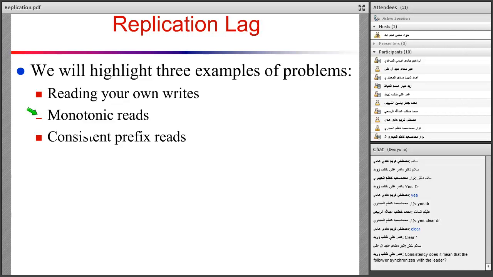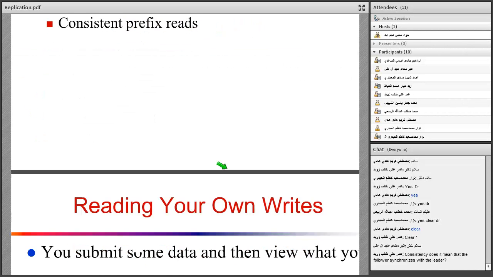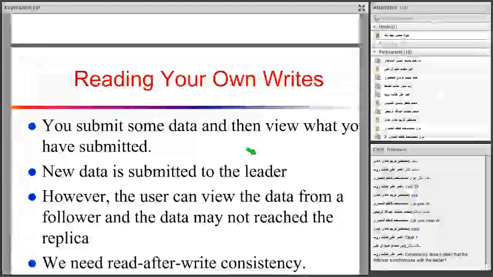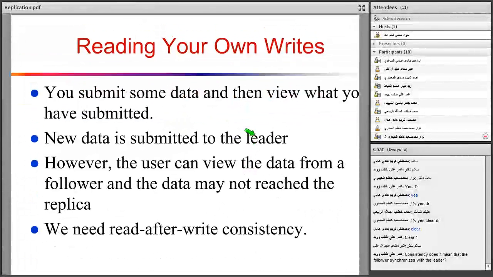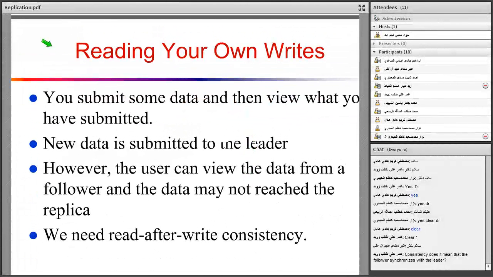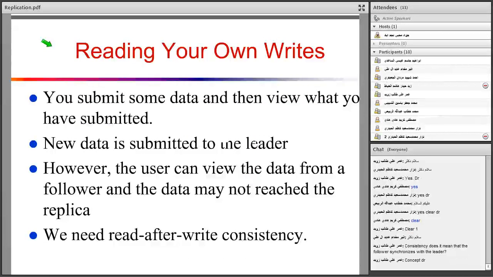The first example is reading your own write.